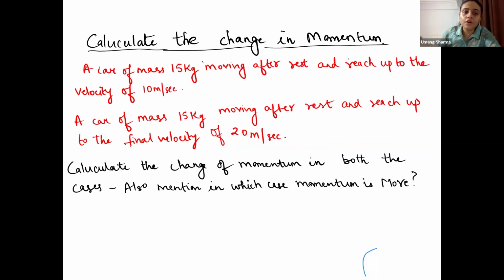So this is the first situation, or first case. A car of mass 15 kg moving after rest reaches a velocity of 10 meter per second. And this is case 2, where a car of mass 15 kg, you can see masses are constant, they are same, moving after rest reaches a final velocity of 20 meter per second. You need to calculate the change of momentum in both the cases.